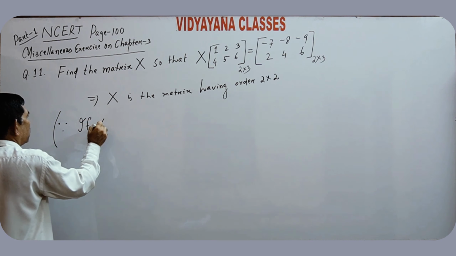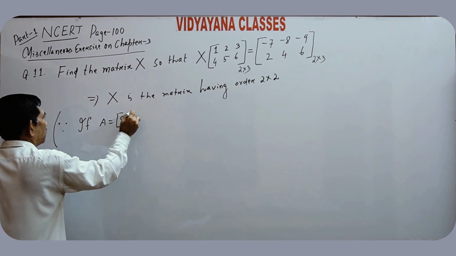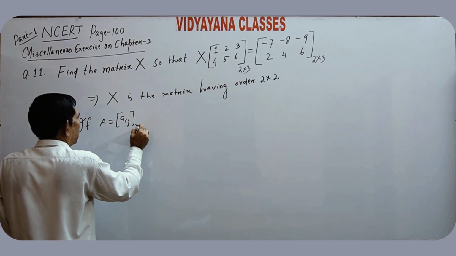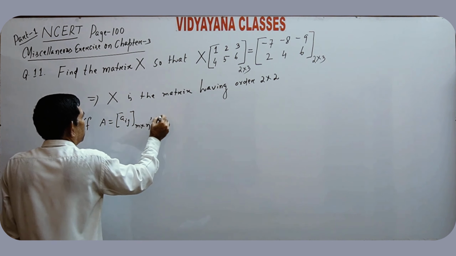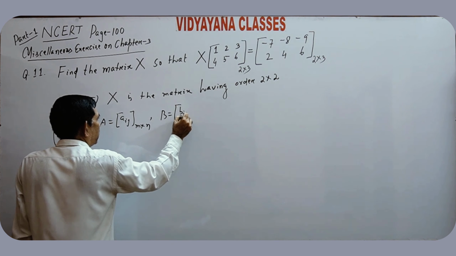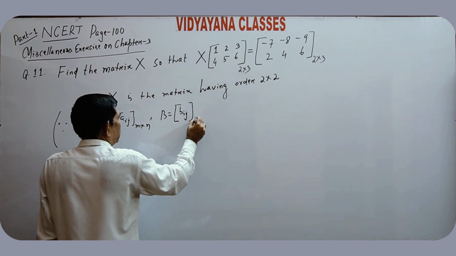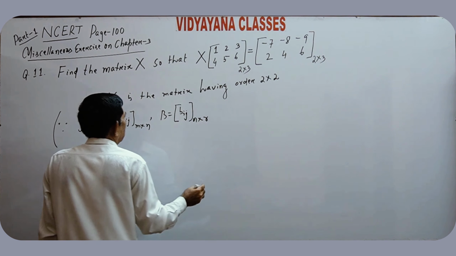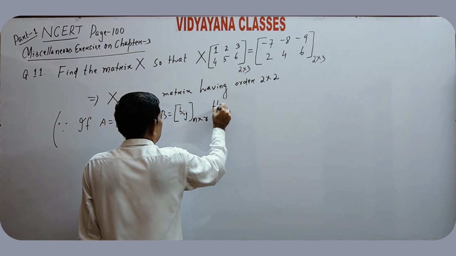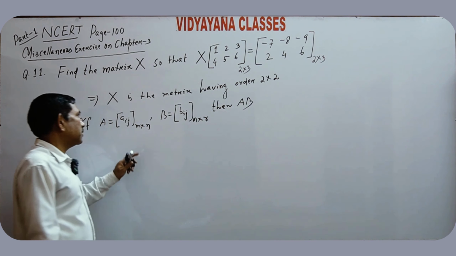If A is a matrix of order m cross n, B is a matrix having elements Bij of order n cross r, then AB is defined.